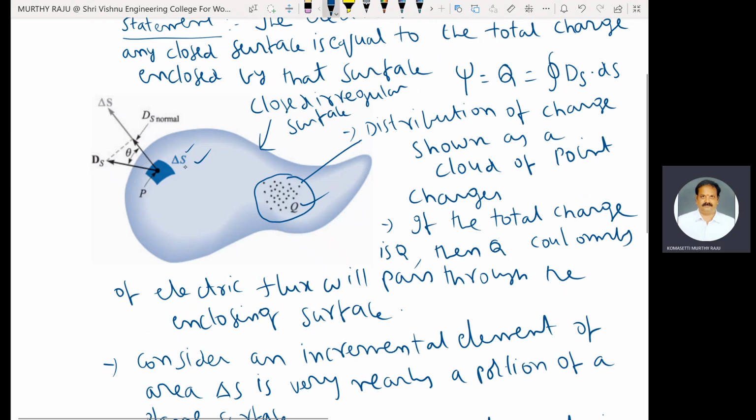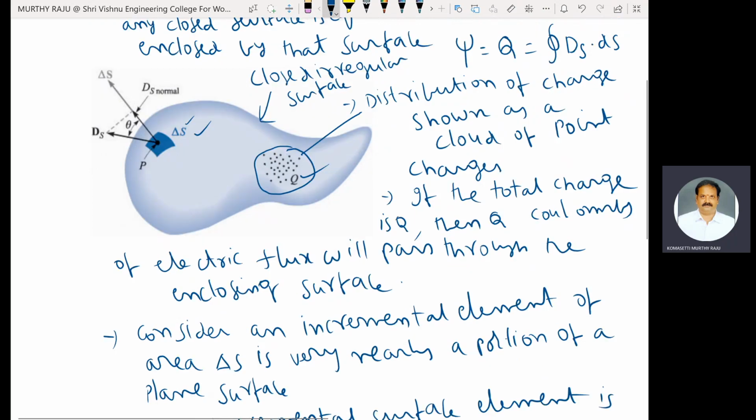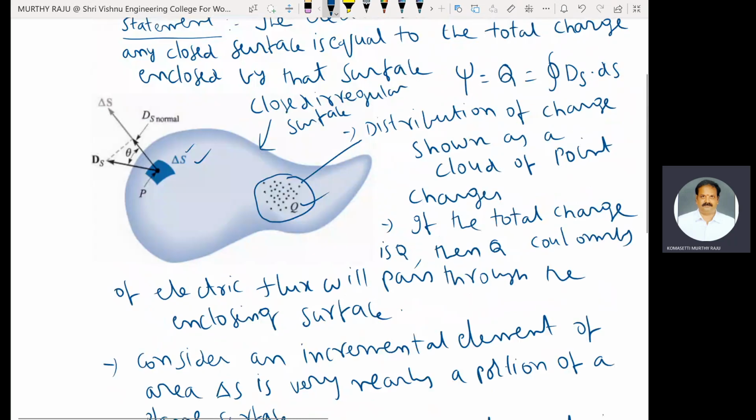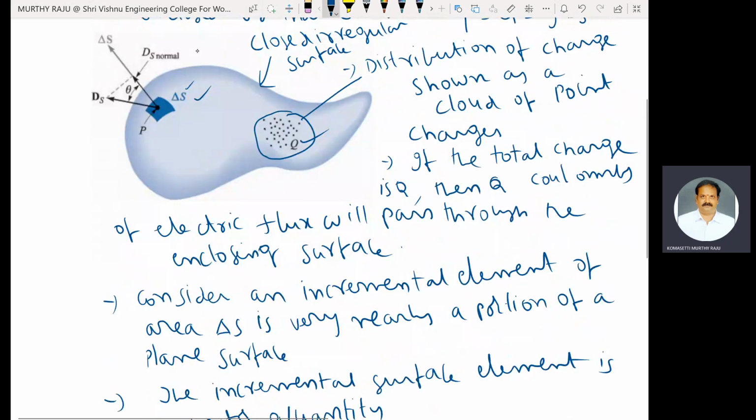This is delta S, an incremental surface element. Consider an incremental element of area delta S, very nearly a portion of the plane surface. The incremental surface element is a vector quantity, that means it has a magnitude and direction. The direction is like that, delta S.